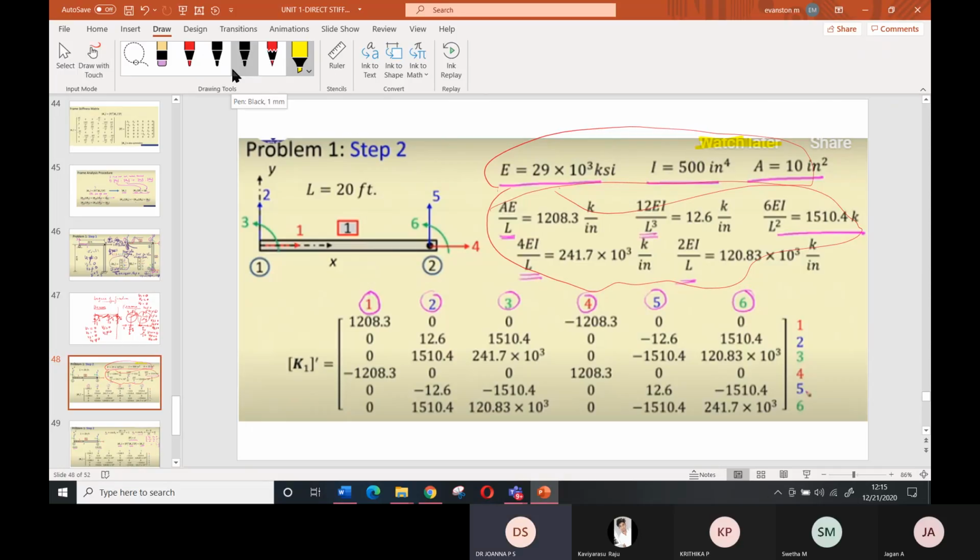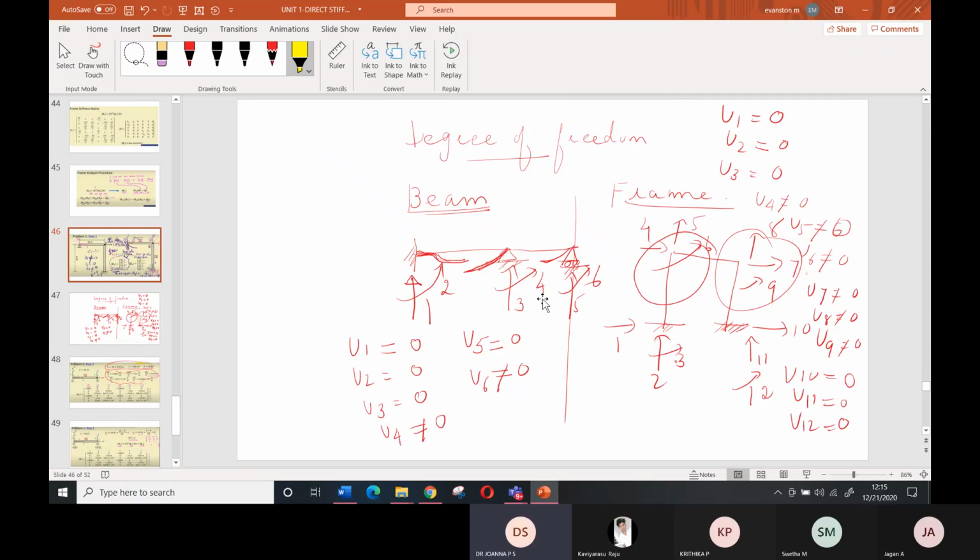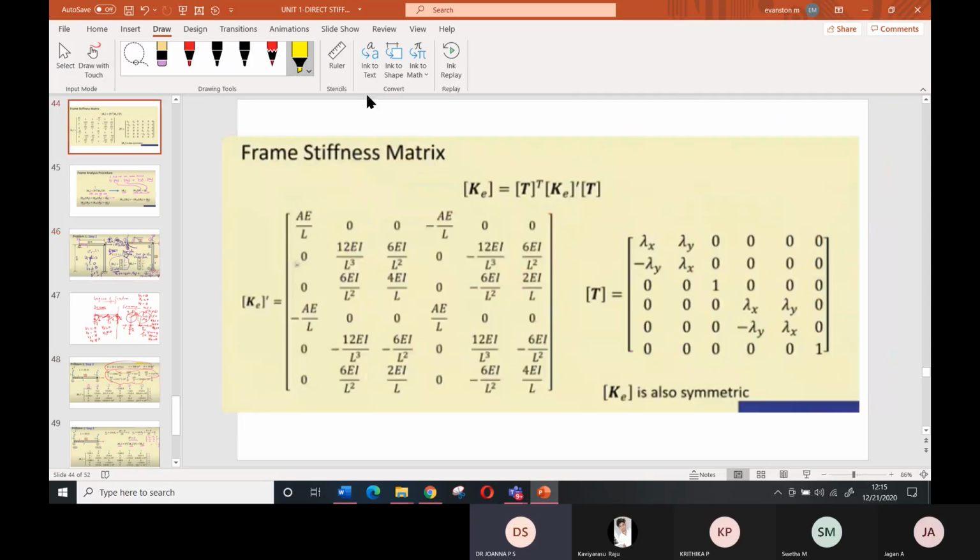If you are finished, you tell me. Just note down this value, then we will move on to the stiffness matrix. You write this stiffness matrix. This one you write: A by L, 0, 0, minus A by L. This matrix is the stiffness matrix for the beam, and you put the numbering as 1, 2, 3, 4, 5, 6.